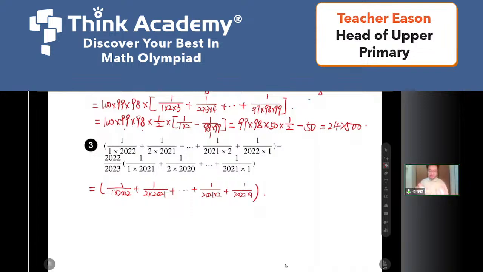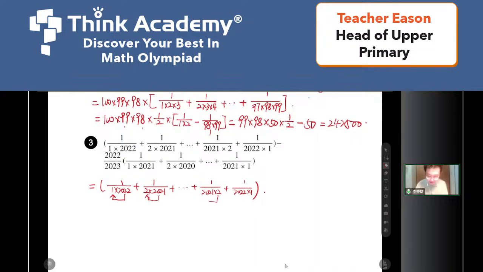So maybe just look at this. For each fraction, the numerator is a constant number, and the denominator is the product of two numbers. But the difference of these two numbers is not the same. Instead, the sum of the two numbers in the denominator is the same.